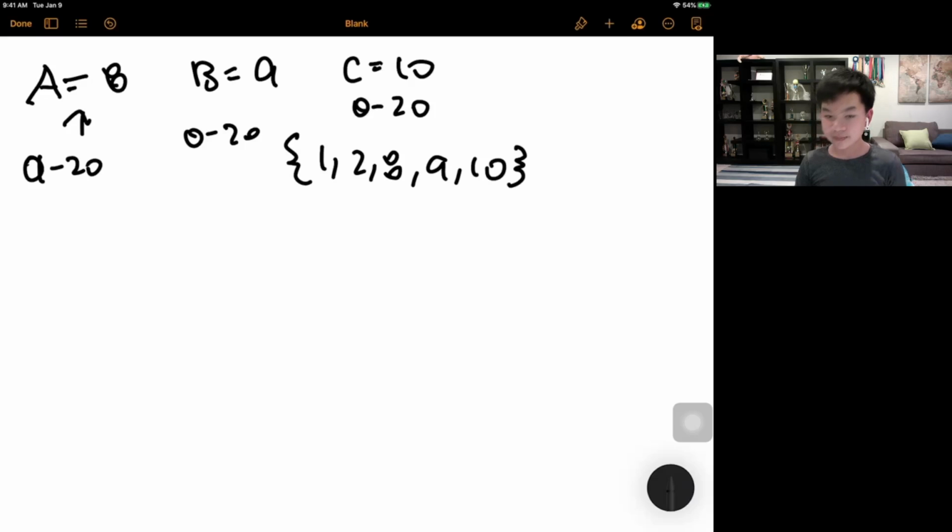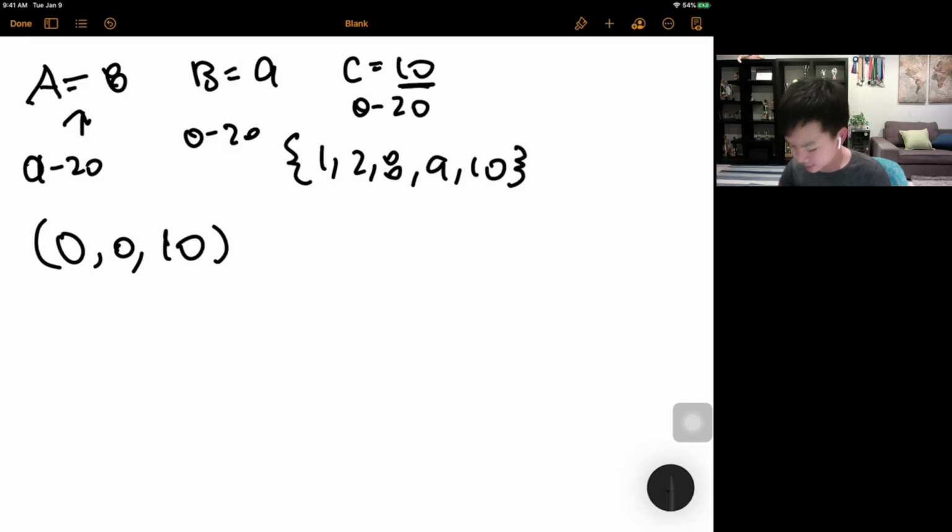If you look at these, for example, in the beginning you have 0, 0, and then here we have 10. You can treat this as a state. So the maximum number of states we have is basically 20 cubed, which isn't a lot.